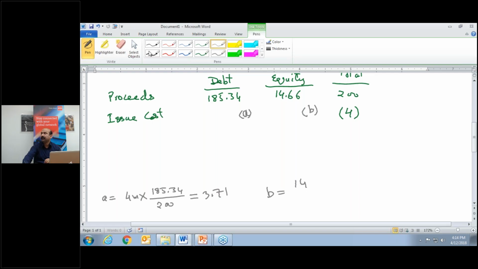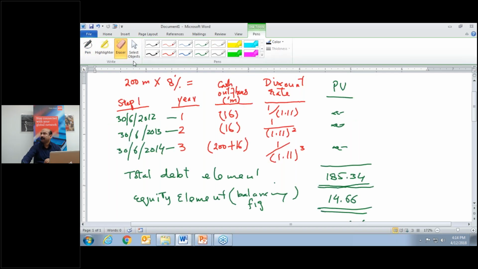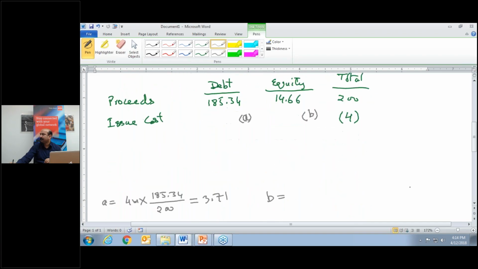And B can be calculated similarly. We are bifurcating the 4 million on a pro rata basis. 4 million into 14.66 divided by 200.